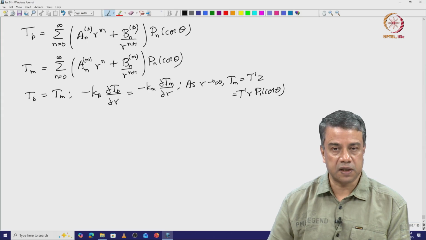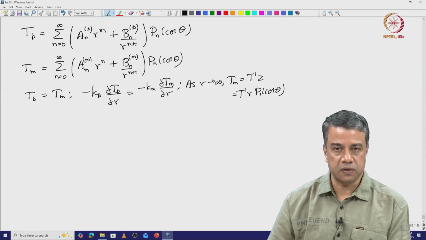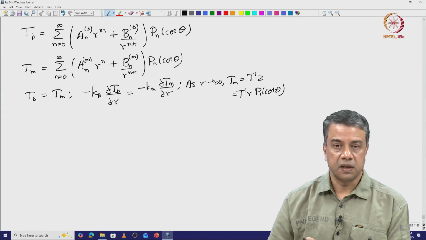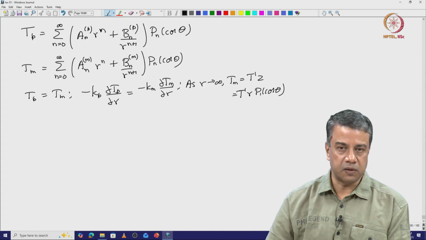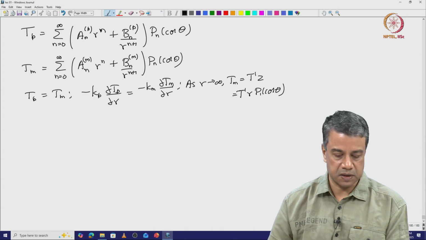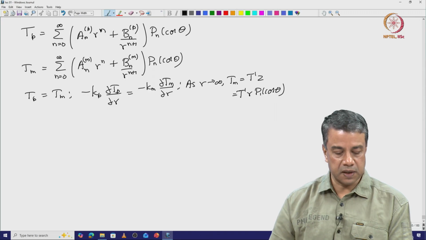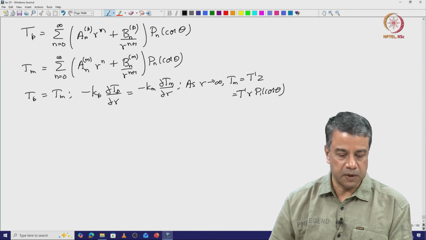Therefore, the solution for the temperature field contains only terms proportional to P1 of cos theta. That is because all the Legendre polynomials are orthogonal to each other. When you multiply two different Legendre polynomials you get 0. So, because of that the only solution you get is proportional to P1 of cos theta.